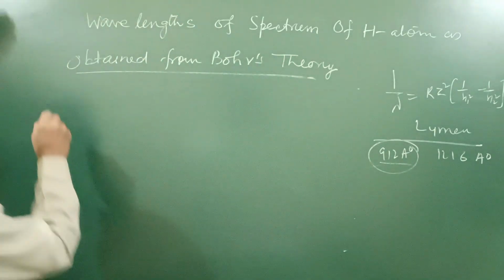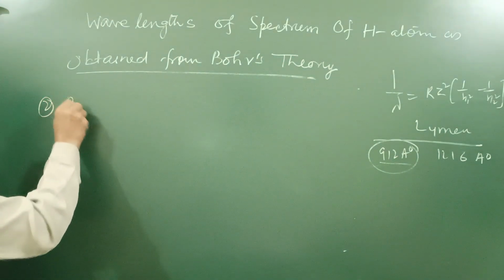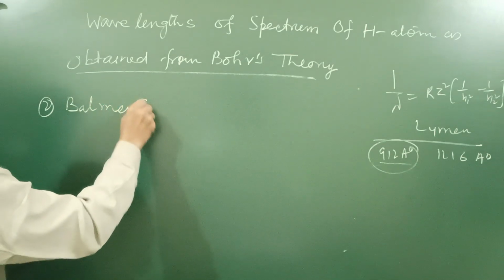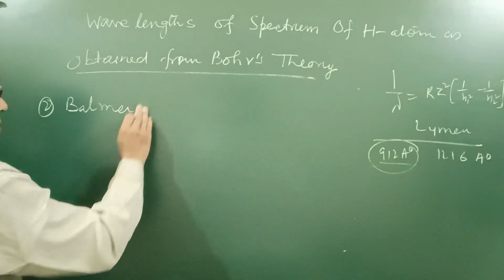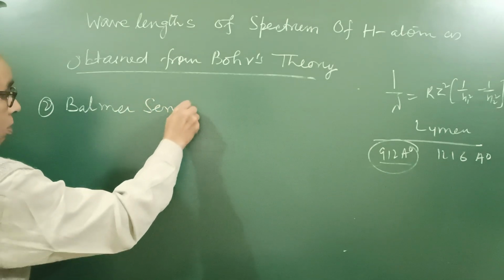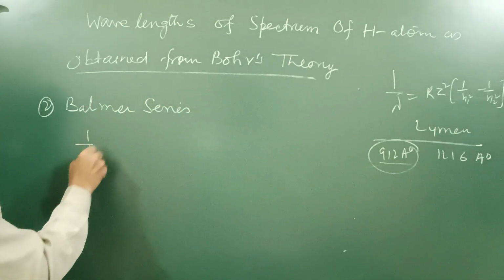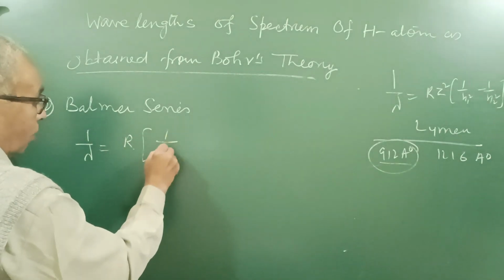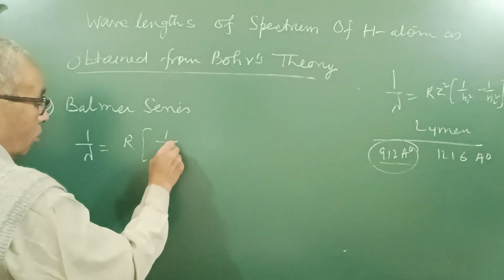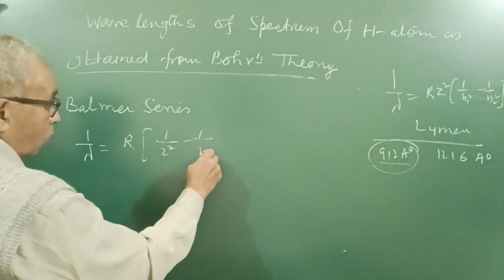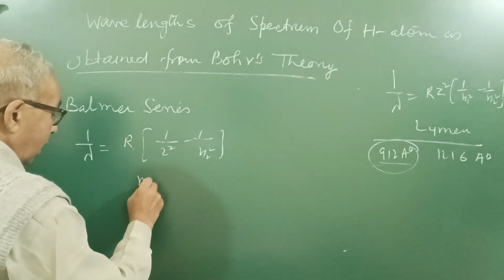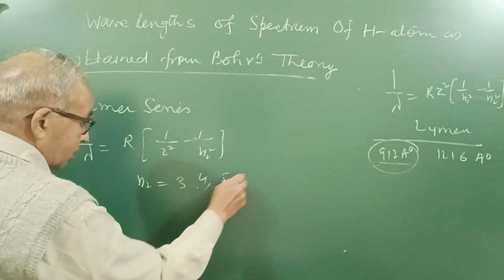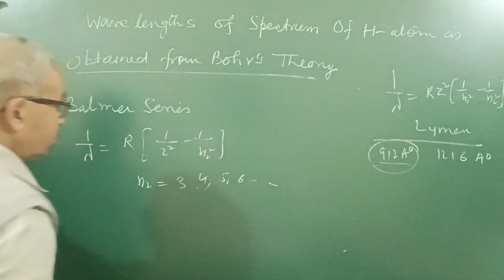Now the second series is the Balmer series. So 1 upon lambda equal to R Z square, for hydrogen, into 1 upon 2 square minus 1 upon n2 square, where n2 equal to 3, 4, 5, 6, and so on.